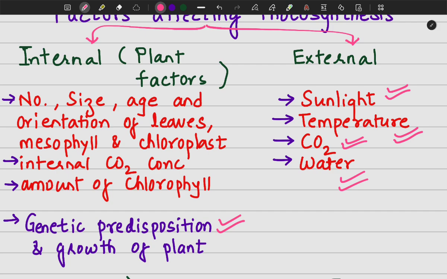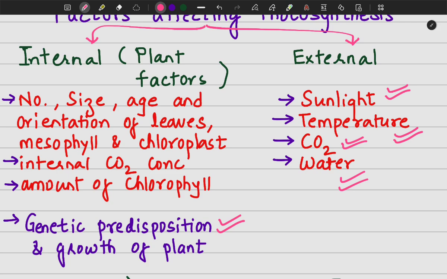Alright, so we saw that there are several factors which are affecting the rate of photosynthesis, internal as well as external factors, right? So the photosynthesis is not dependent on one but all these factors, and these factors will simultaneously affect the rate of photosynthesis.